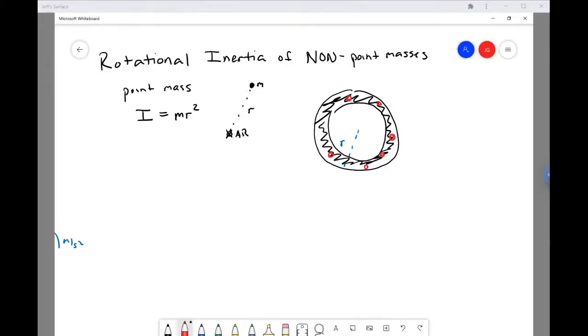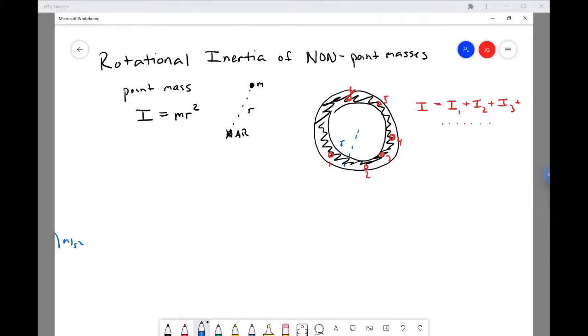I'll label these little piece masses 1, 2, 3, 4, 5, 6, and you could say the total inertia of this rotating body is the contribution of each, treating each of these little pieces as little point masses. You could just add them all up. But there's an infinite number of them because these are infinitely small, tiny chunks of the wheel.